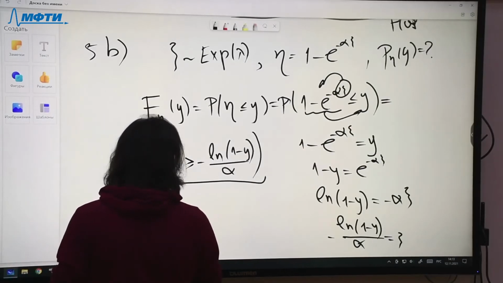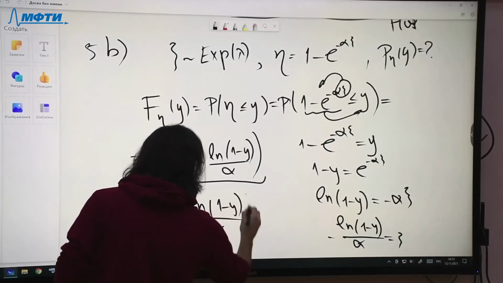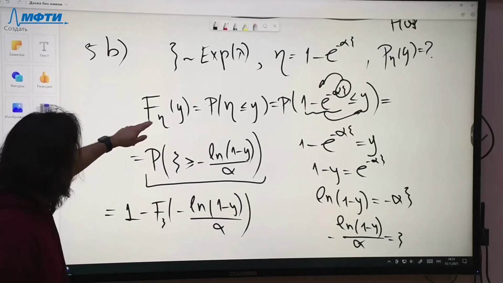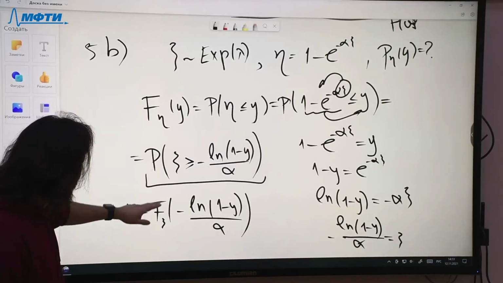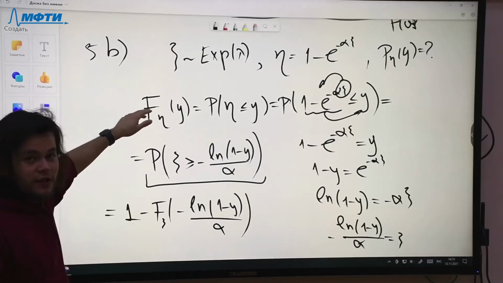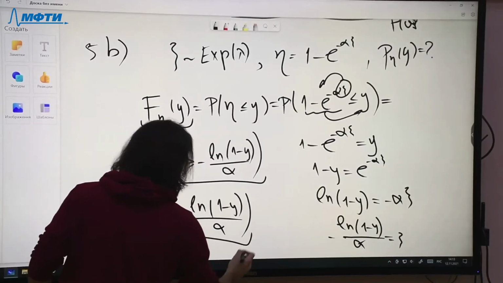Yeah, we can do it. Logarithm of y minus y over alpha, right? Now, what do we need to do now? We know the CDF of eta, and we know the CDF. Sorry, we know that the derivative of the CDF is the PDF. So we need to find the derivative for this one and the derivative for this one, right?